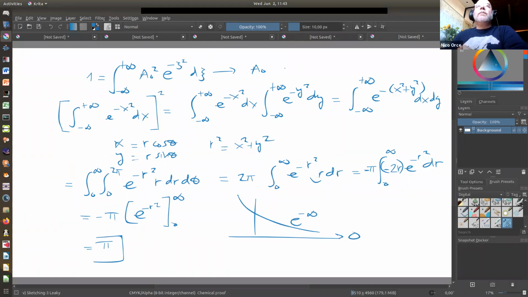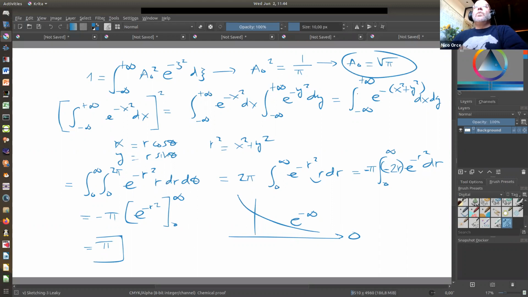This will be a0 squared is equal to the integral that we just solved, I mean, 1 over the integral, 1 over pi. So basically, a naught is equal to a square root of pi.